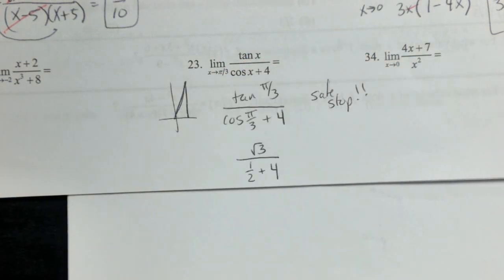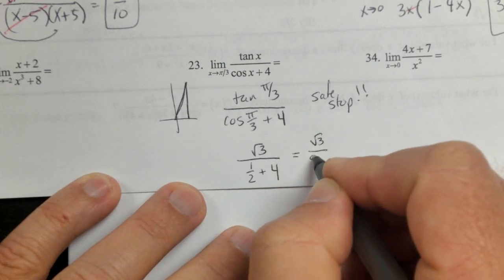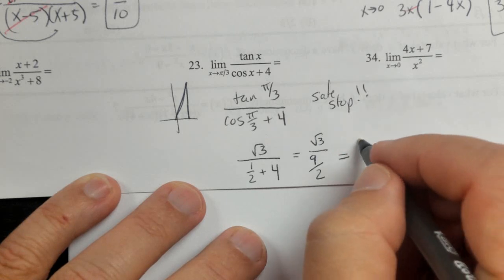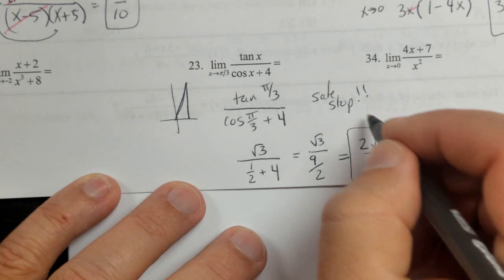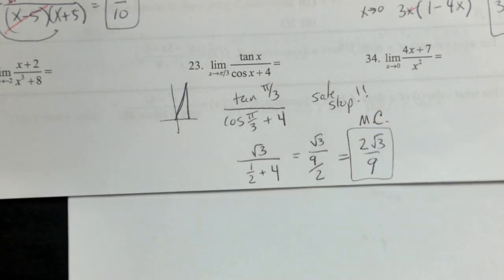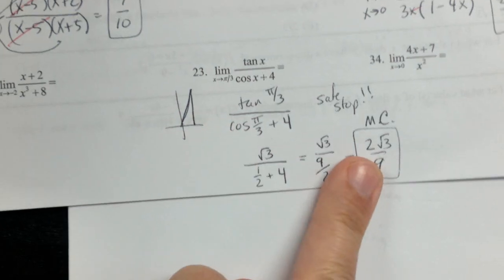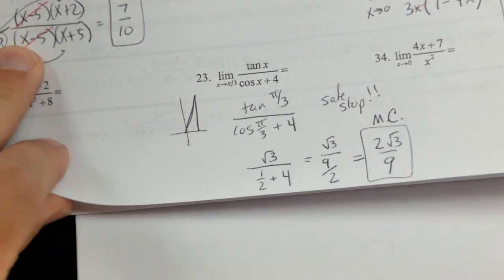Yeah, that's another safe stop. And it's like, well, how far do we need to go here? That's a safe stop. If I keep it, change it, flip it, I get 2 root 3 over 9. That's probably the multiple choice answer. So, yeah, get excited about leaving the trig stuff, but multiple choice is going to force you to know your trig.